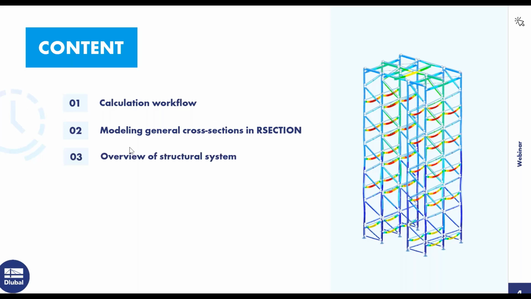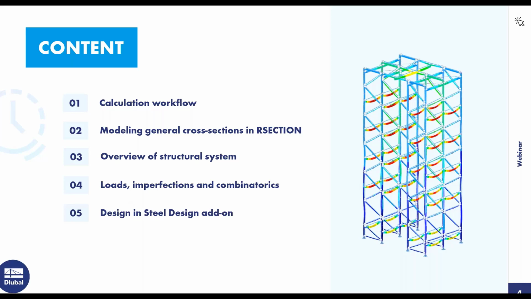In the next step, I present the structure and the loads and go into the imperfections and the combinatorics. Then I design the cold-formed cross-sections in steel design and evaluate the results.